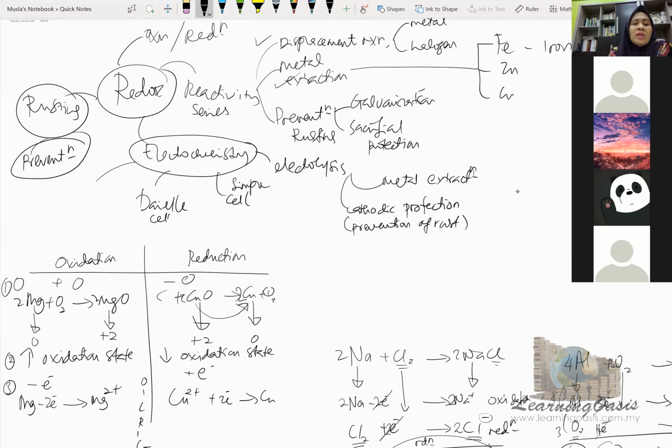And then today you'll be doing your electrochemistry as in simple cell, Daniell cell. Okay, your next class will do rusting and prevention of rust. But when we do all this, you have to look at it from the perspective of redox, from the perspective of increase and decrease in oxidation state, from the perspective of losing and gaining of electron.